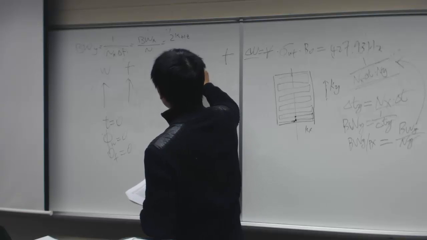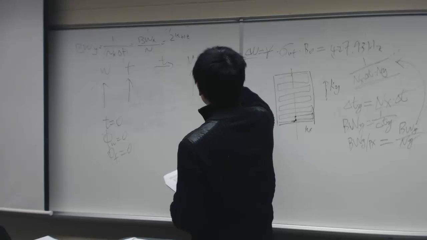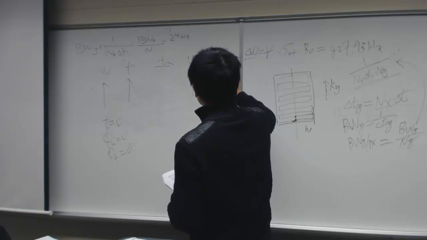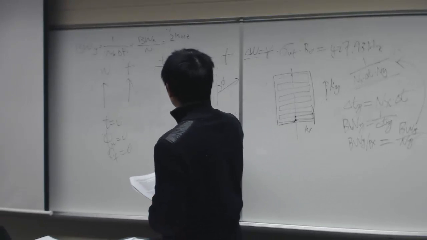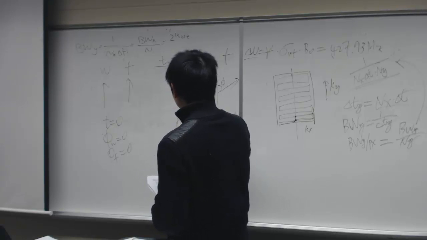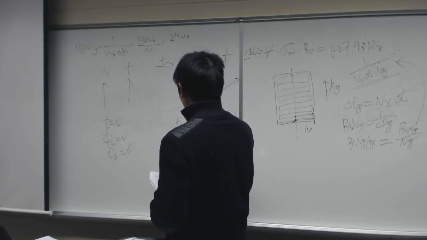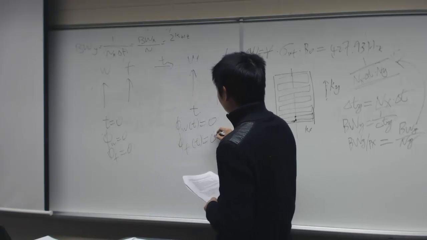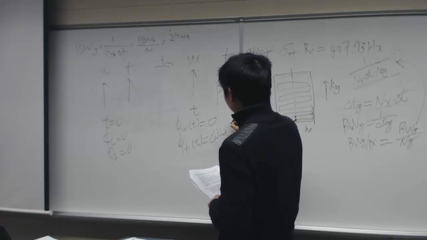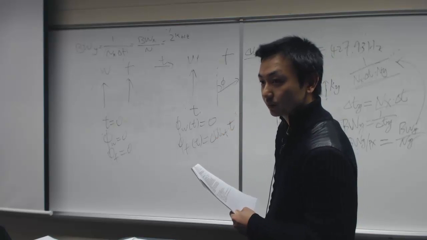So we would not see any phase development for the water, but we will be seeing a phase development for the fat. So phi water still is 0, and phi fat equals delta omega times T. So there will be a phase difference between those two.